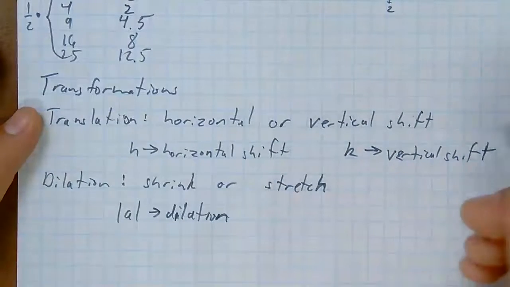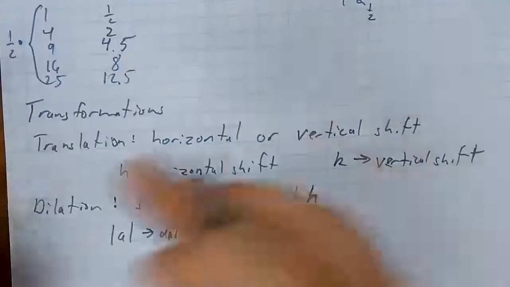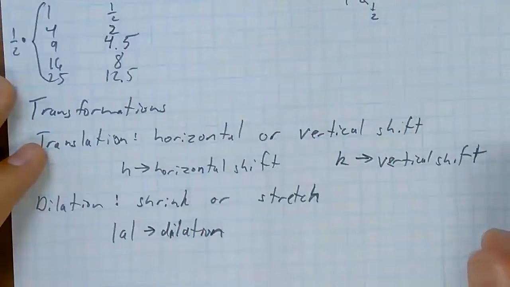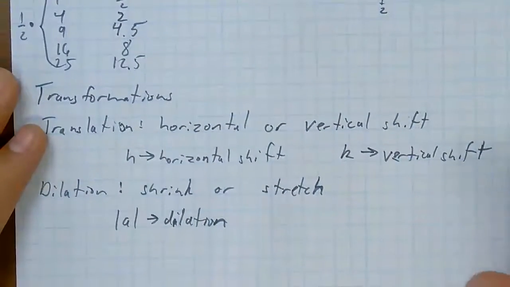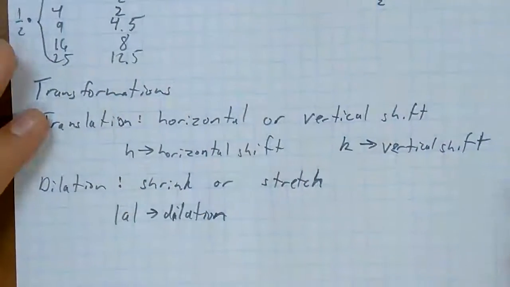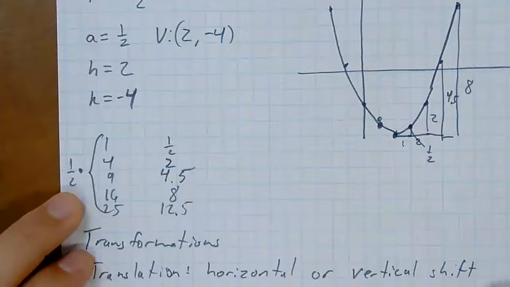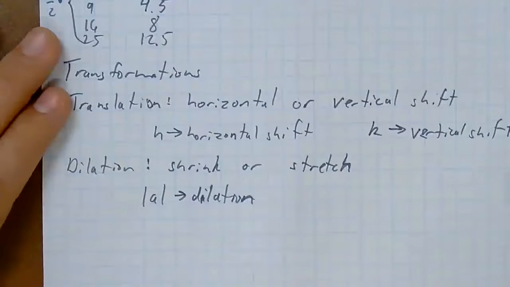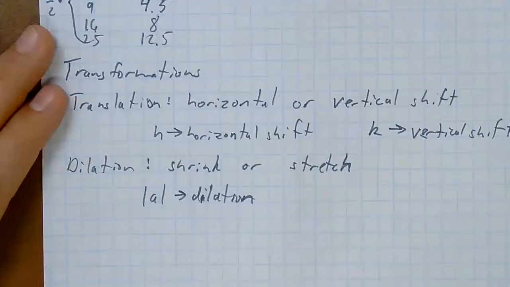So we know if A is big, it's going to be stretching out, stretching vertically. And if A is a fraction, like 1/2, it's going to be getting shorter. You can't see my hands, but it's going to be getting shorter. So in this last example, we could say dilation of 1/2.